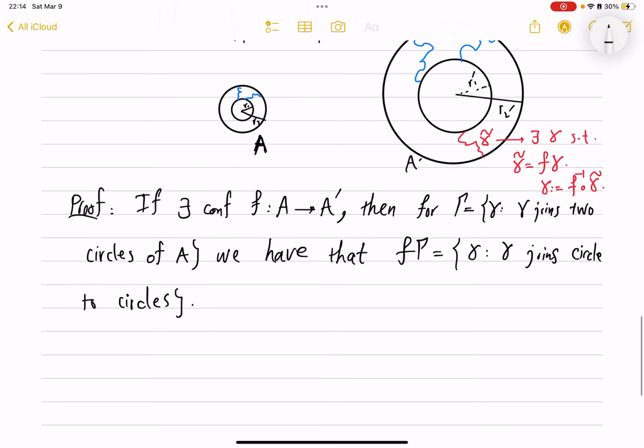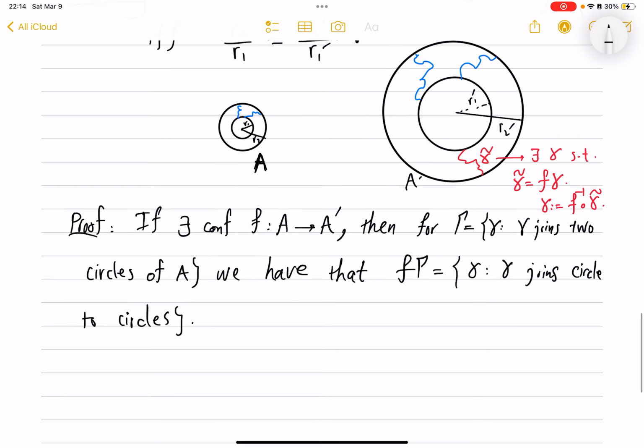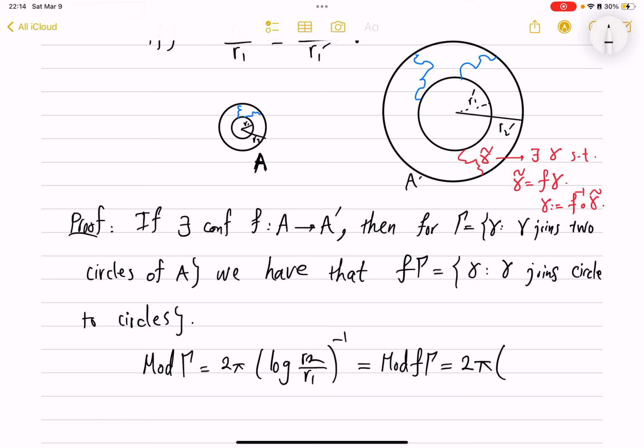And again, the theorem we've done, the proof works to show that the modulus of Gamma is 2 pi times log of r2 over r1 to the negative 1. And now from the invariance of modulus, this will be the modulus of f of Gamma, which we said is the family of paths in the target annulus, and it covers all of them. So again, apply the theorem to see that this is 2 pi times log of r2 prime over r1 prime to the negative 1.